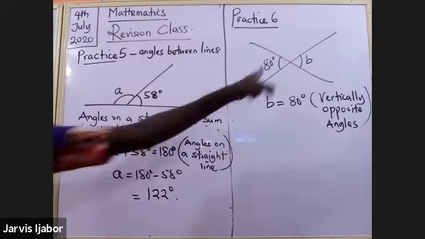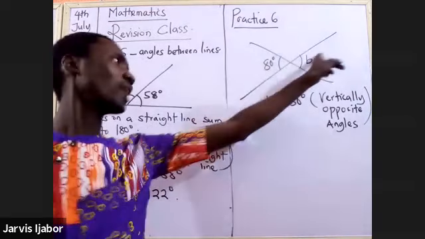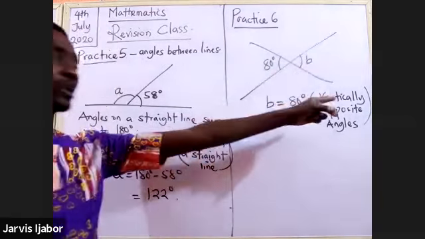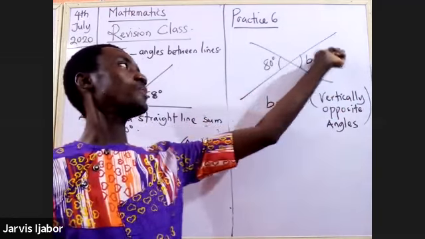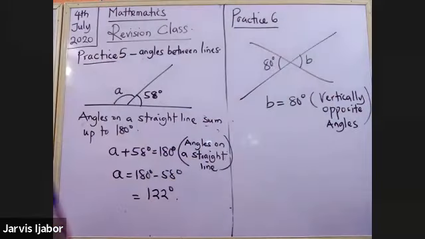If I have an angle here and this angle can look at this direction with these lines drawn like this, bisecting lines, then this angle will be the same value as this angle. So B is what? 80 degrees, and that is what? Vertically opposite angles. Is that okay? All right, that's for practice 6.